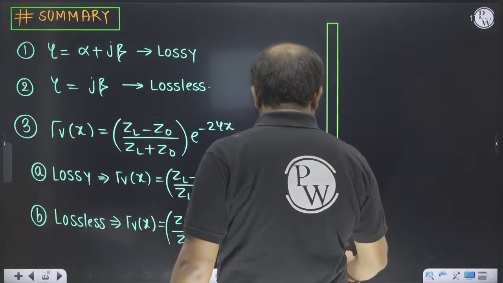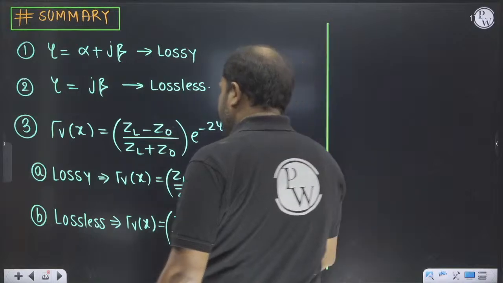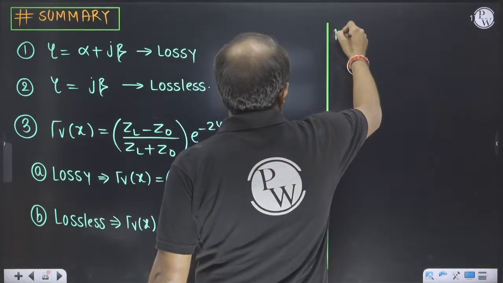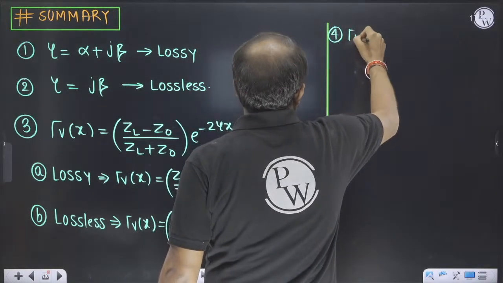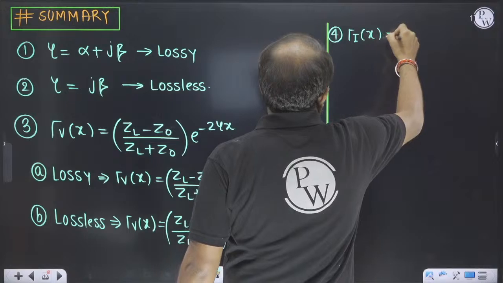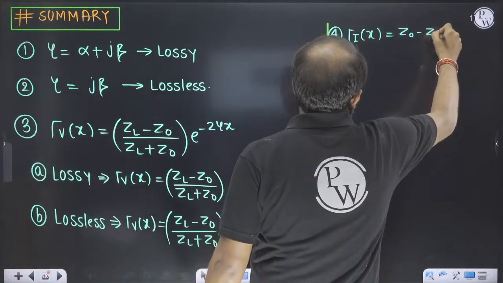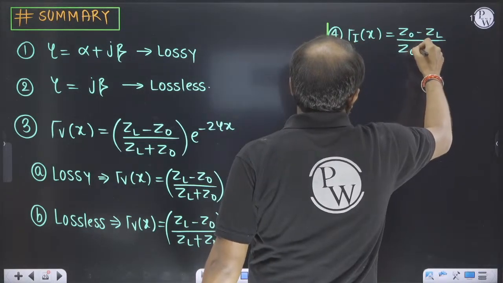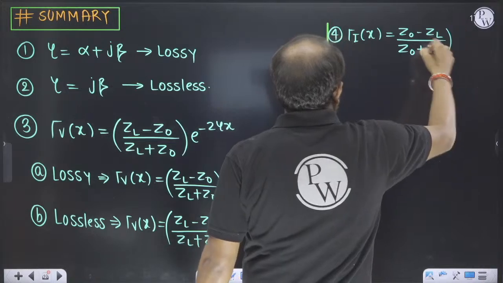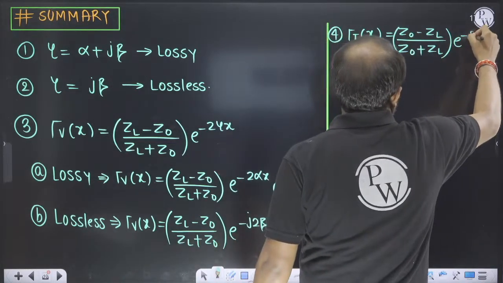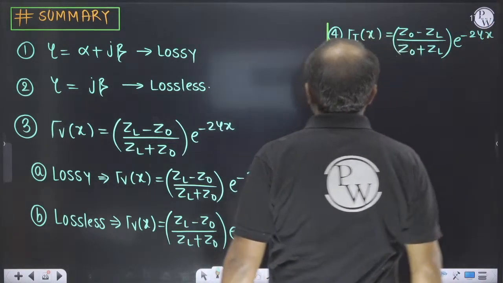Similarly, the reflection coefficient of current will be written as gamma ix equals (z0 minus zl) divided by (z0 plus zl), and e to the power minus 2 gamma x.